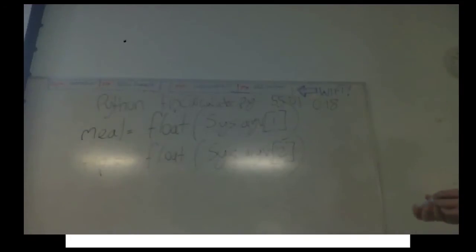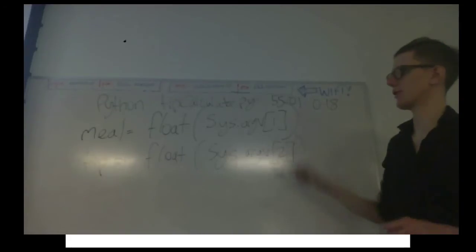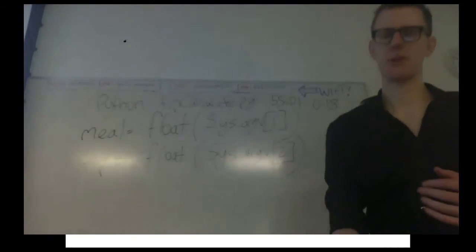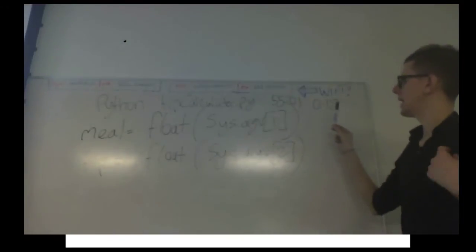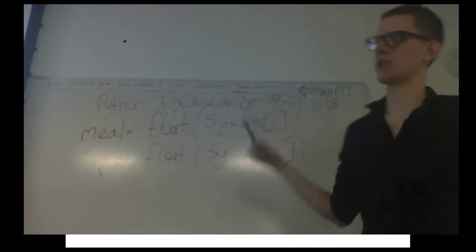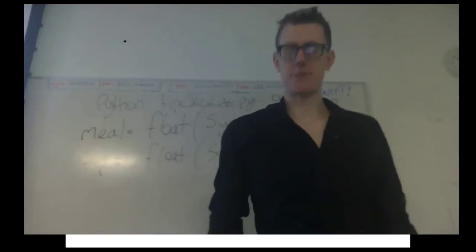And if you run your code using this, and you've got your float casting in there, you should see the result printed to the screen, and you can give different meal values and different tip values without changing your code every time, and see the different results back.